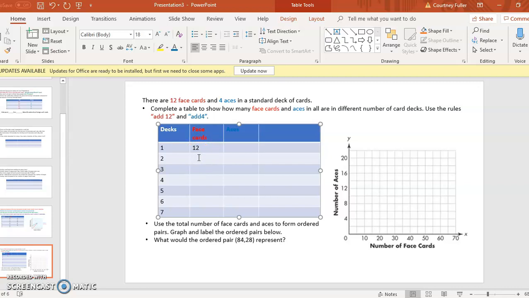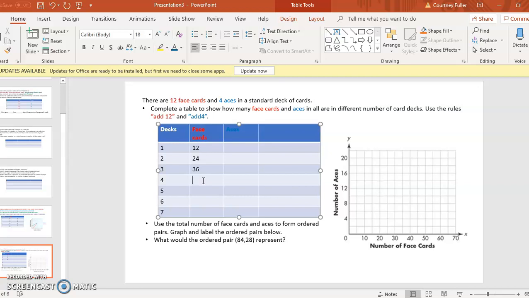So 12 plus 12 is 24. Then we had 24 face cards in 2 decks. And then we're going to get 12 more in deck 3. So how many will we have in deck 3? 24 plus 12 is 36.